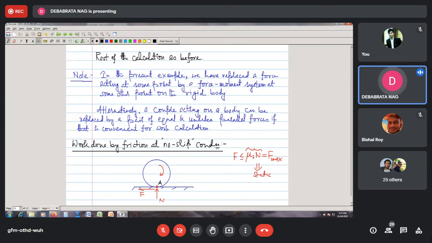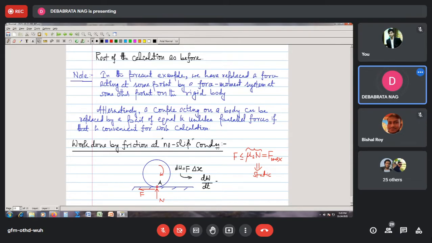In delta t time the point A has suffered some displacement, so let that displacement be delta x. তাহলে আমার work done by the friction force হওয়া উচিত F multiplied by delta x. Now how much is the rate of work done?